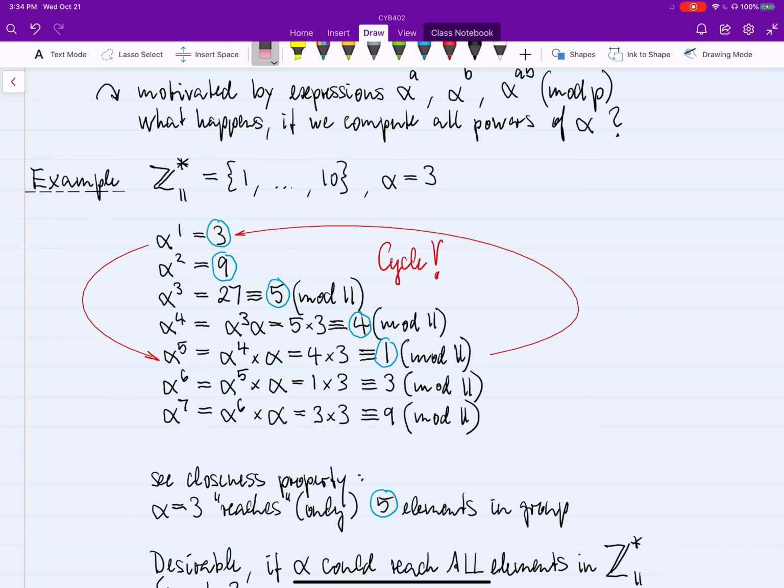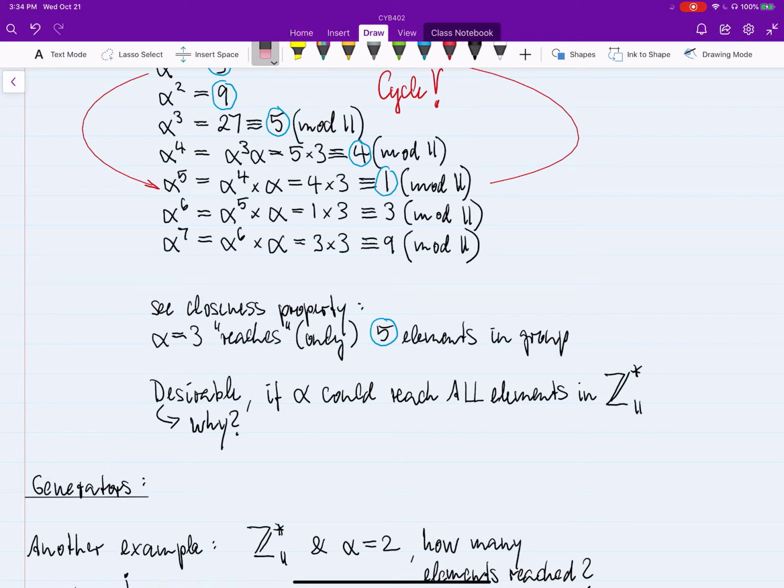We didn't even get to the power of 6 or 7, let alone 10. So we cover only half of the elements here. And maybe we can choose an alpha with an even shorter cycle. So this is undesirable.